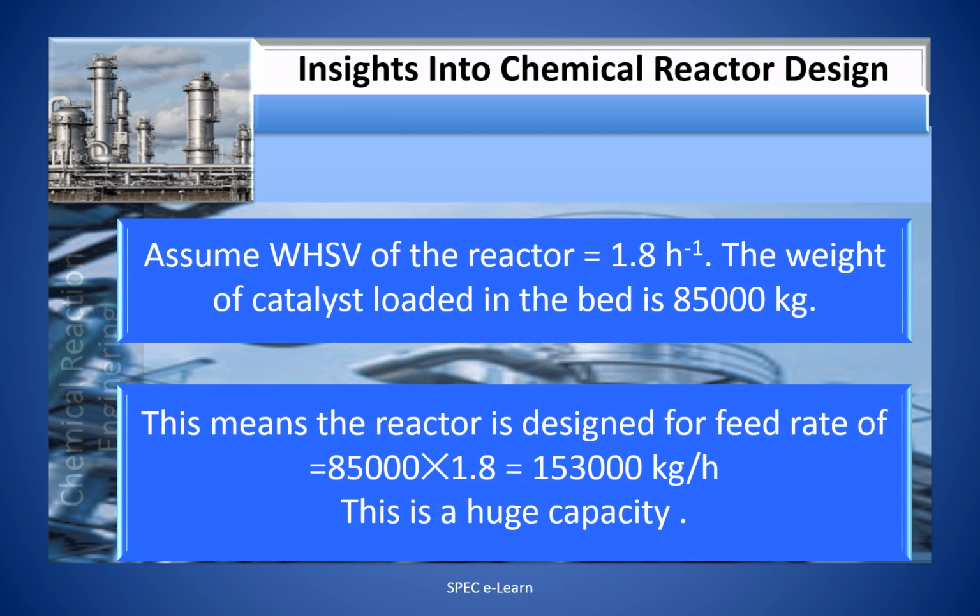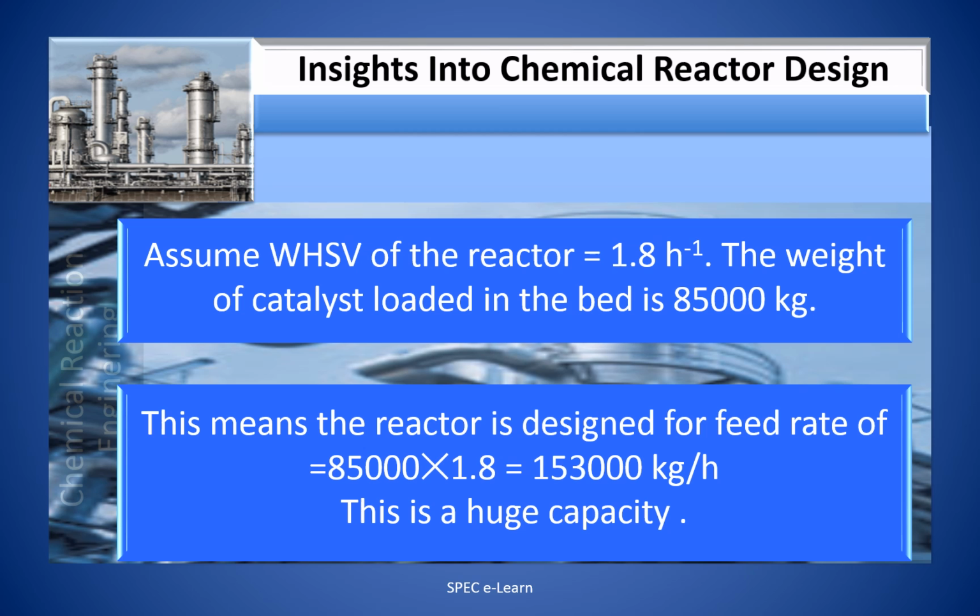Assume the weight hourly space velocity of the reactor is 1.8. The weight of the catalyst loaded in the bed is 85,000 kgs. This means the reactor is designed for a feed rate of 153,000 kg per hour.